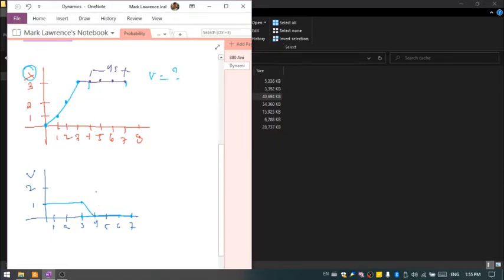So that's it. So the velocity is constant for 3 seconds, and then after 4 seconds it dropped and then maintained its position. So this is basically how we interpret velocity versus time graph and distance versus time graph.